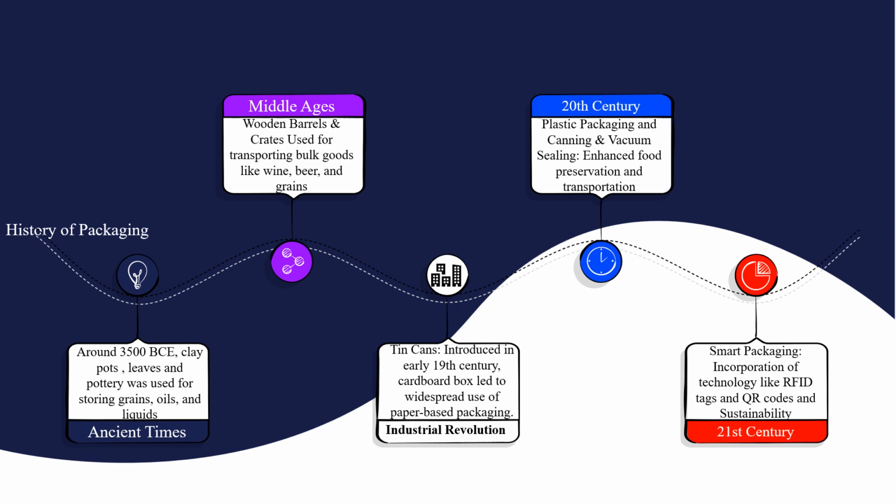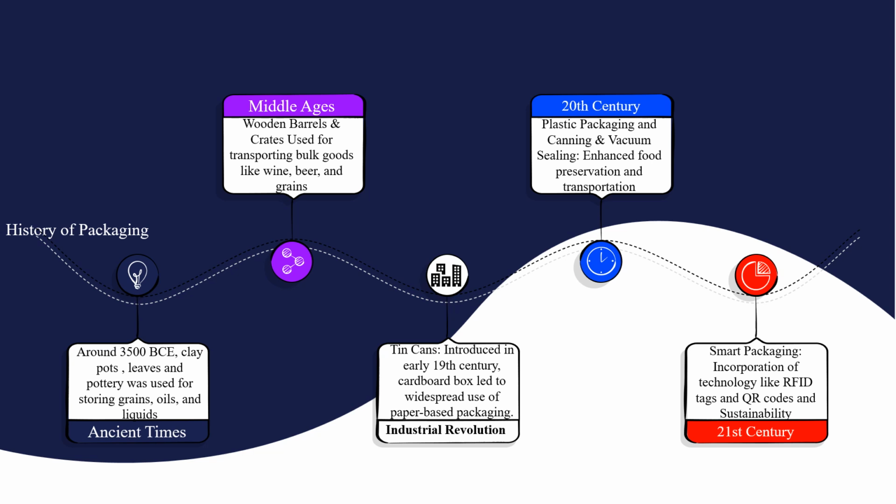The second is the Middle Ages. In the Middle Ages, wooden barrels and crates were used for transporting bulk goods like wine, beer, and grains. And the third is the Industrial Revolution.